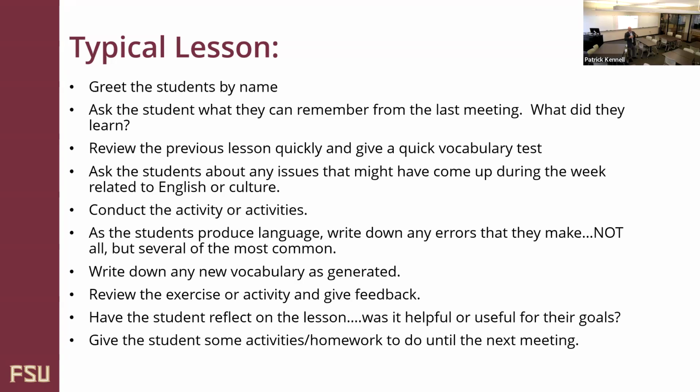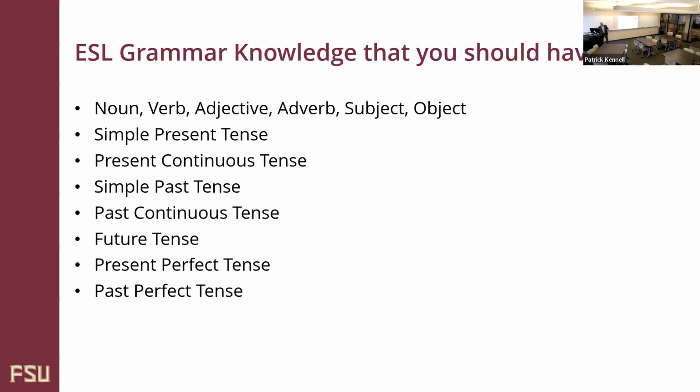That again builds that trust between you and the students, that respect, and then it nips things in the bud, because if they're not happy with this activity, okay, we're not going to do this anymore. Let's go on to something else. And then give them homework or activities outside of the class.